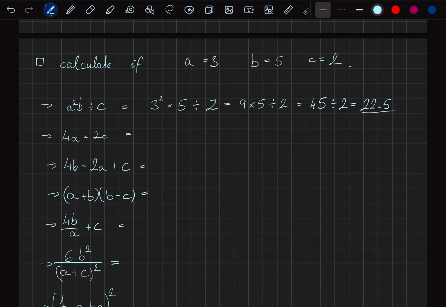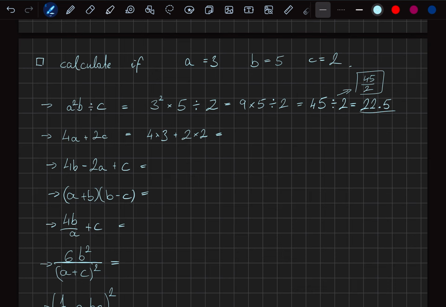4 times A, 4 times 3, plus 2 times 2, equal, or here, sorry, you can just write 45 over 2. Okay, it's also a good solution, but it's a fraction form.